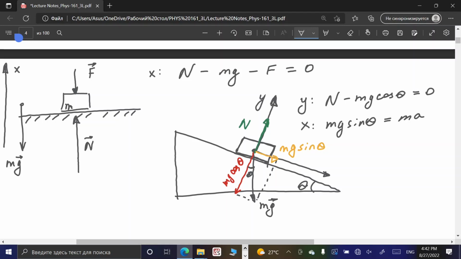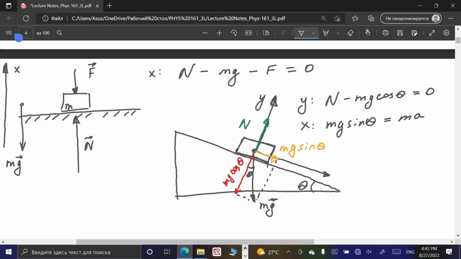The component of weight along axis y is compensated with the reaction of the inclined plane. This reaction is always perpendicular to the surface of the inclined plane, and we don't have any motion of the object in the direction of the y axis. So that's why they are compensated. We have 0 on the right side.